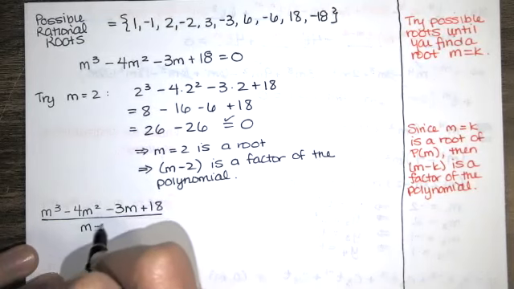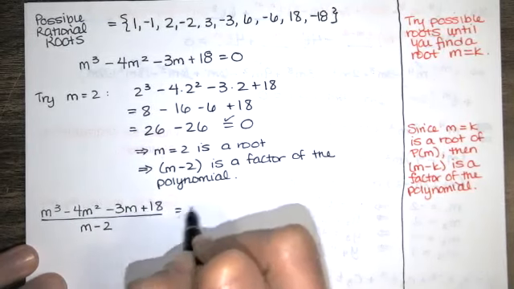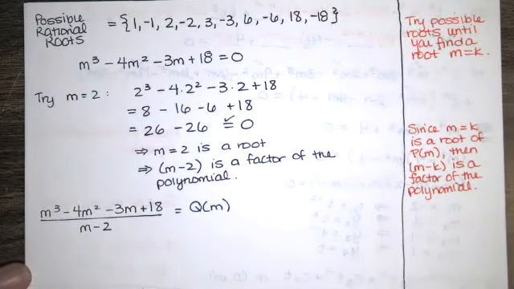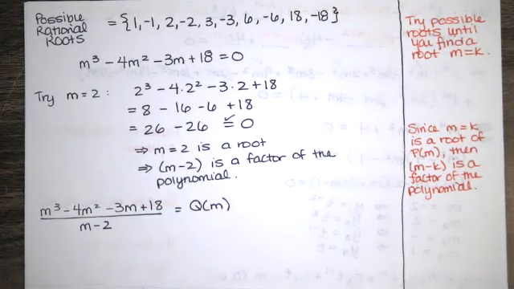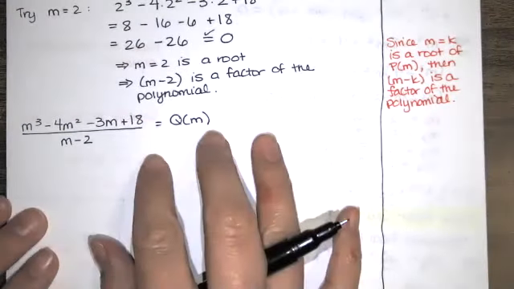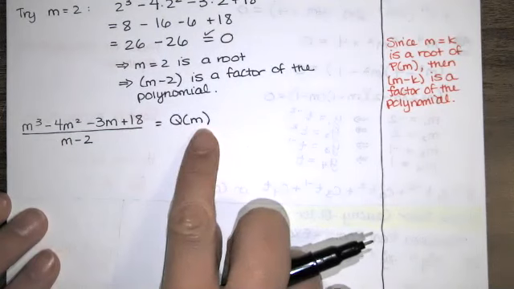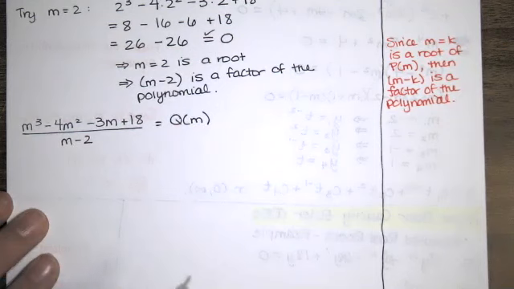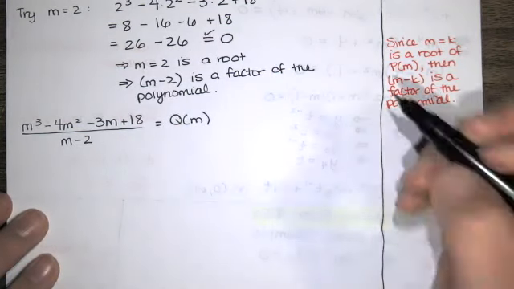I know it can be factored out. So this is going to be equal to some quotient where that quotient is just a single polynomial. Okay, so we're here now, and we want to find the quotient. And one way we can find the quotient is using synthetic division.